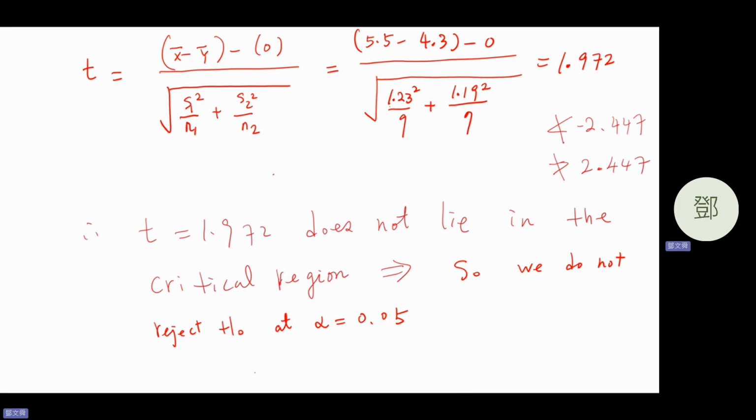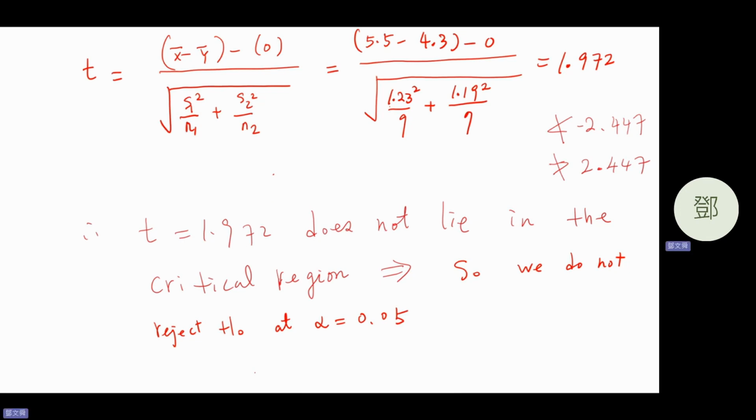Now it is the moment of truth. We need to look for the critical values from the t table, which involves the degree of freedom. In this example, the degree of freedom is the minimal value of n1 minus 1 and n2 minus 1. Since n2 minus 1 is smaller, the degree of freedom is 6. From the table, we obtain the critical value 2.447.